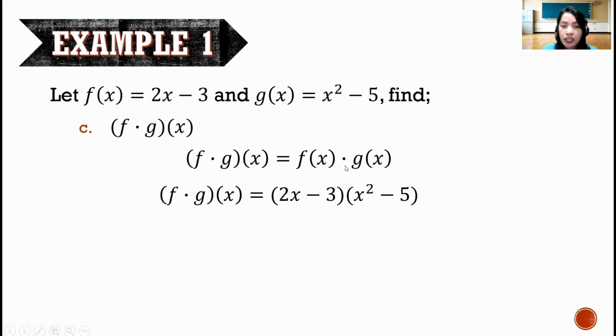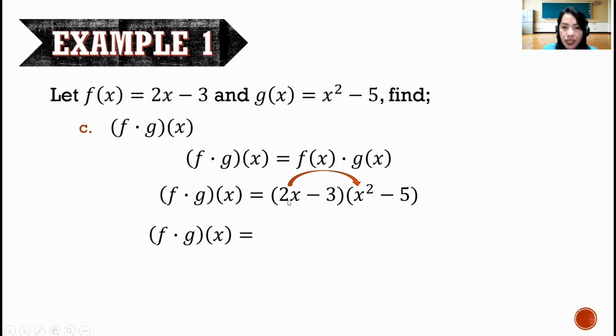Kahit wag mo nang gamitin yung dot, okay na siya. Understood na siya as you're going to use the concept for multiplication on functions. Here in multiplying functions or polynomials dito sa right side, ang gagawin mo ay i-multiply mo muna yung first term ng unang function dun sa first term ng second function.